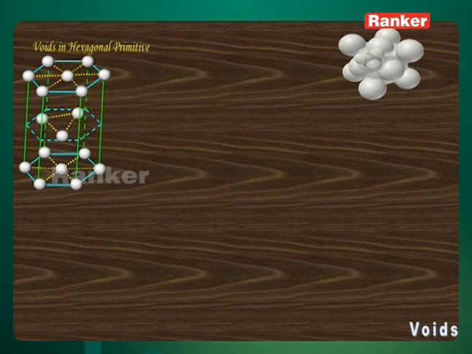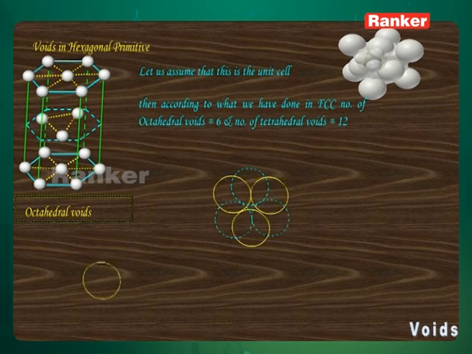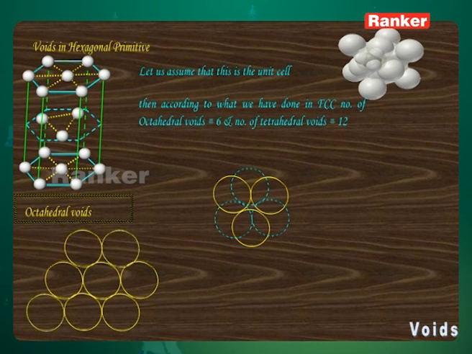Now these are voids in hexagonal close packing. In this hexagonal arrangement, similar to FCC, the space left at the junction of 3 yellow spheres and 3 blue spheres is what an octahedral void is. This is the hexagonal face, and these are the 3 spheres in between.